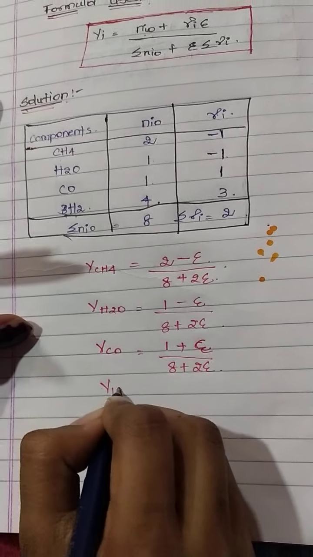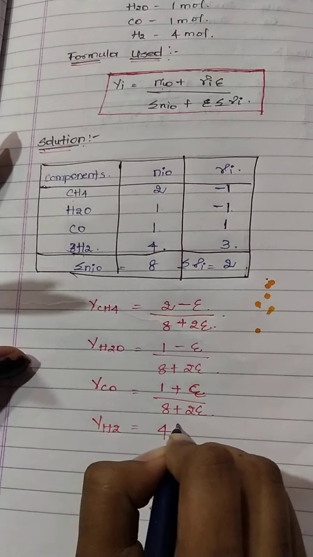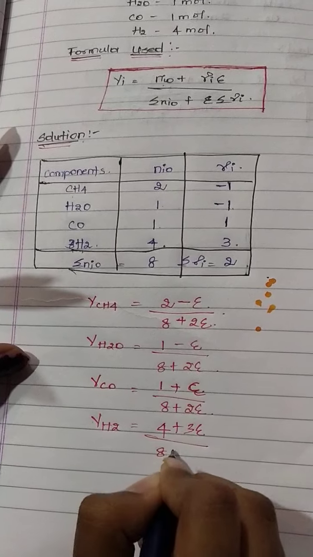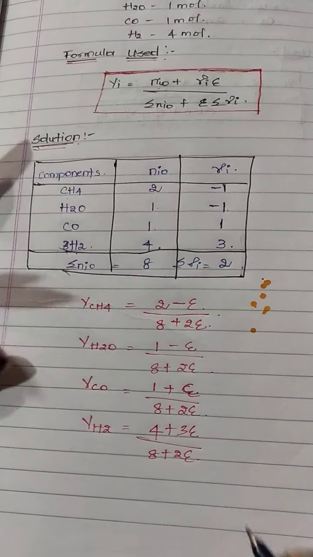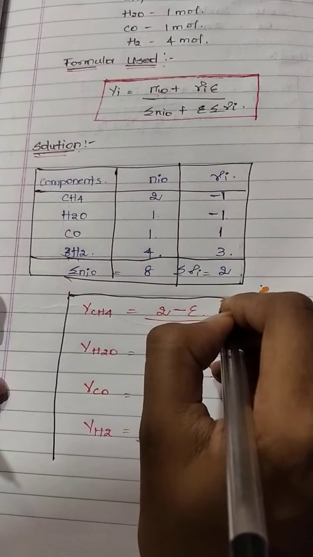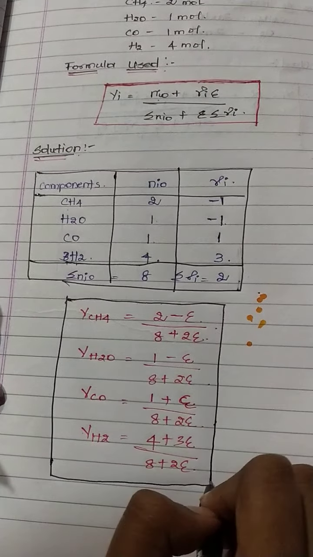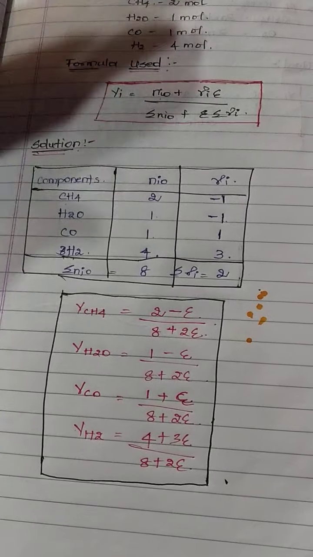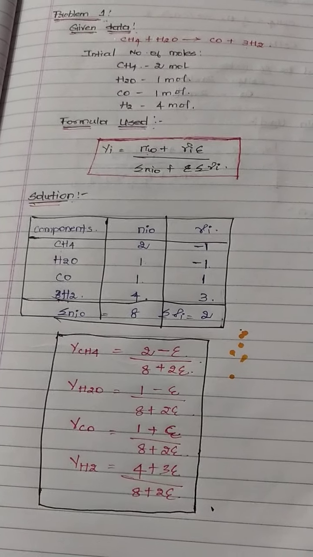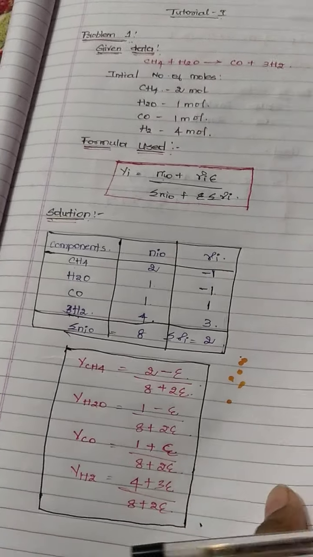Next, YH2 equals 4 plus 3 epsilon over 8 plus 2 epsilon. This is the answer, and it is the basis for all the problems in this unit. If you are very clear with this concept, you can solve any problem in this unit. So this is about the first problem.